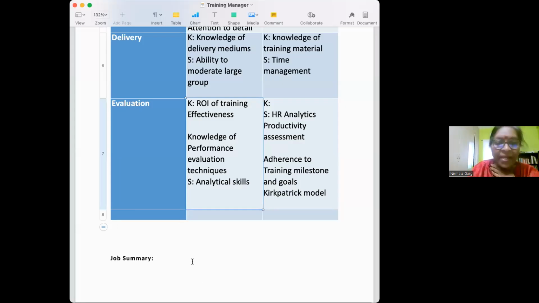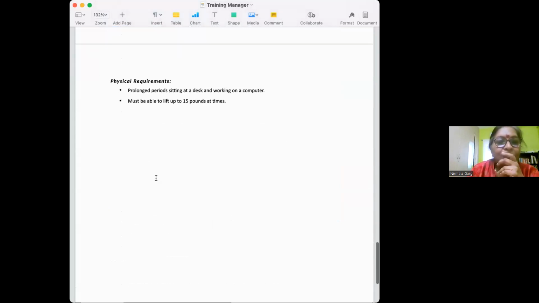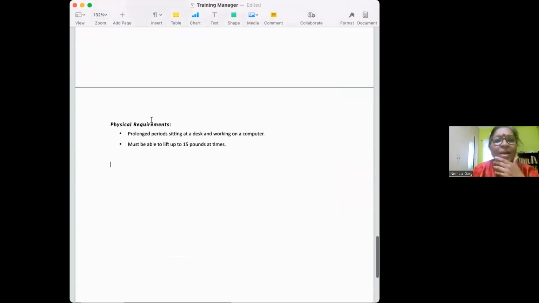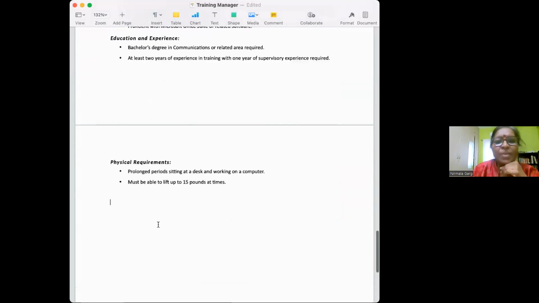We will now work in full length for a training manager, right from functional competencies to behavioral competencies to even behavioral indicators and proficiency levels. You can put it in Excel format or maybe on a blank sheet, a Word document.